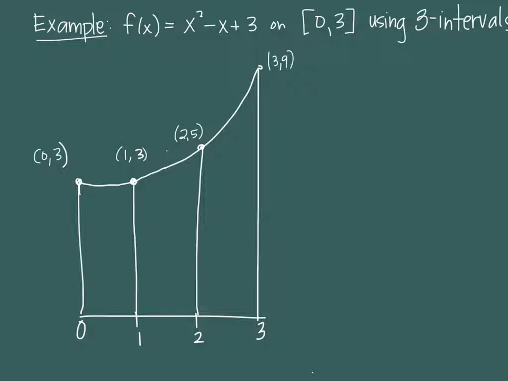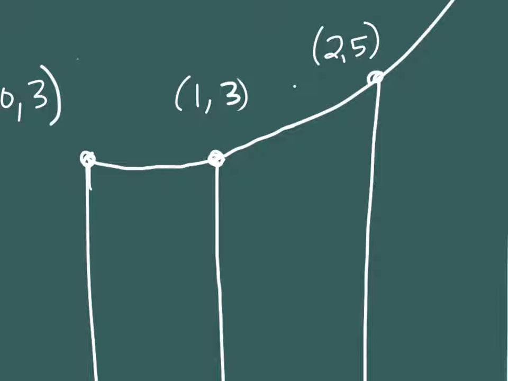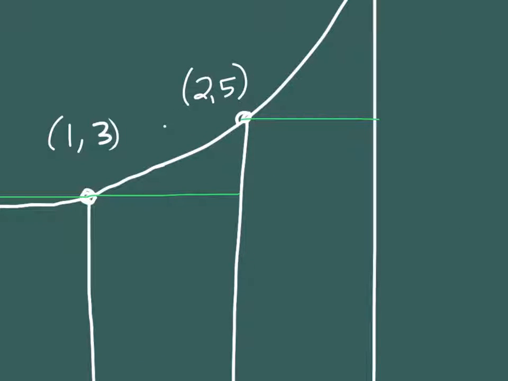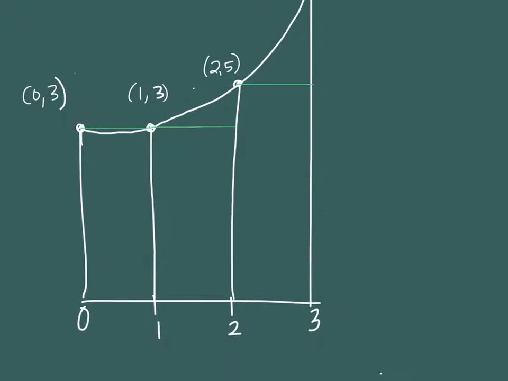Okay, so as we draw, going from left to right, this one happens to go straight across. The next one will go straight across and then straight across. So in this case I will have 2 rectangles of equal height and 1 rectangle that's a little bit taller.